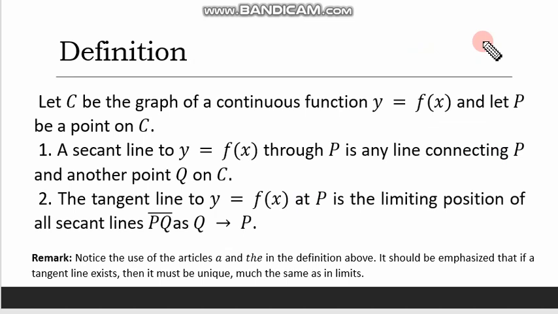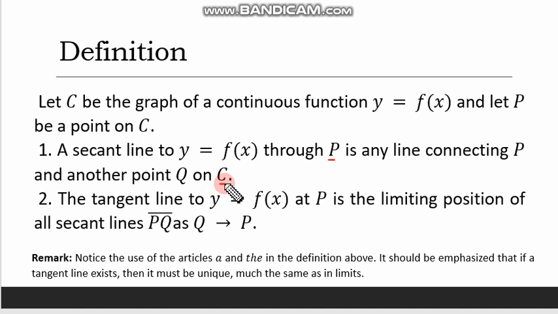So that line is what we call a tangent line. So here's a formal definition of the tangent line. Let C be the graph of a continuous function y is equal to f of x, and let P be a point on that C. A second line to y is equal to f of x through P is any line connecting from point P and another point Q on a graph.